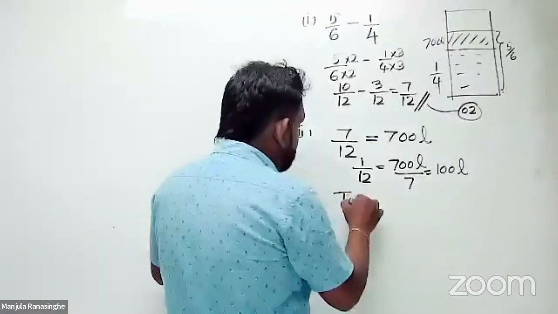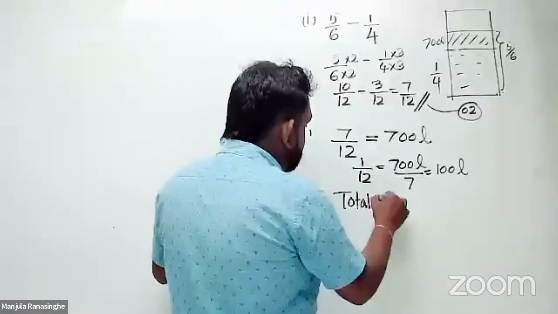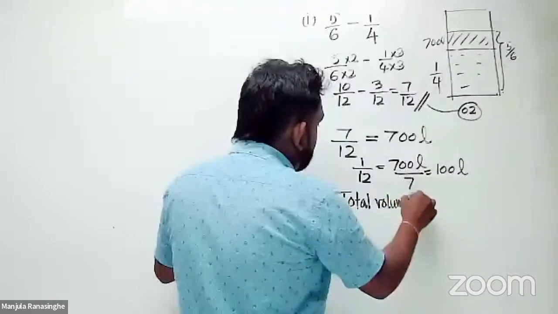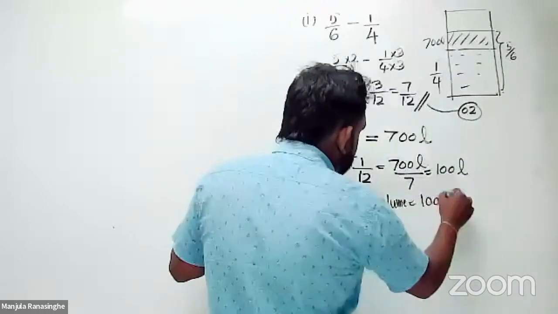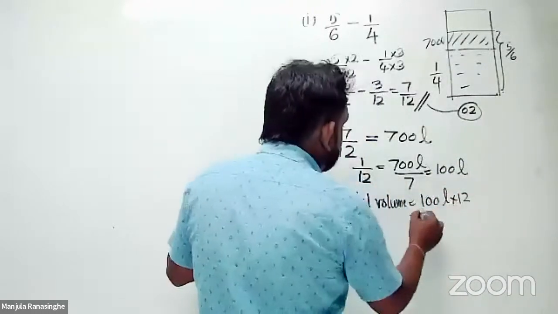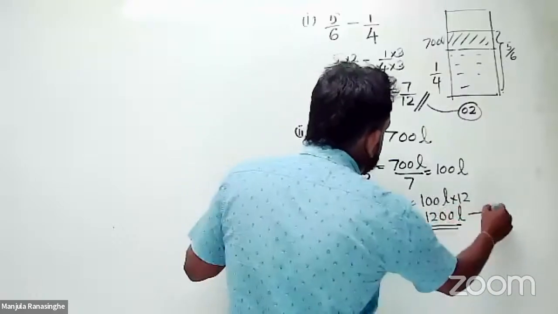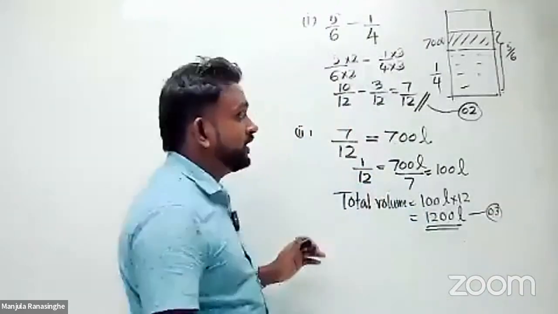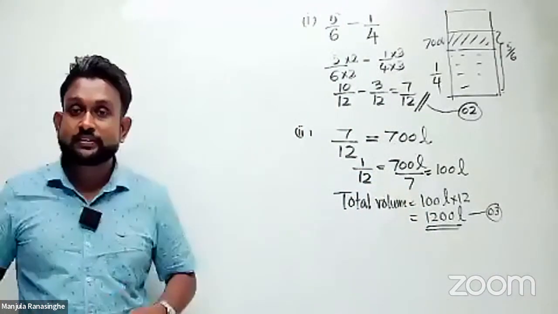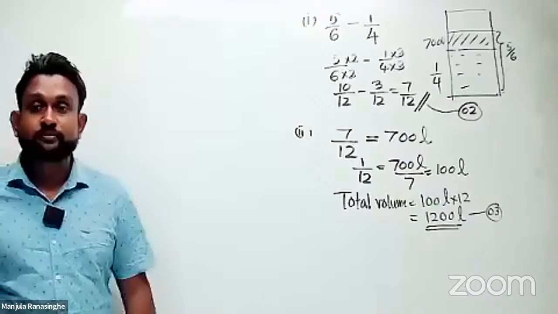The total capacity is 12 such parts, and one part is 100 liters, so 1200 liters is the capacity. You have 3 marks there.